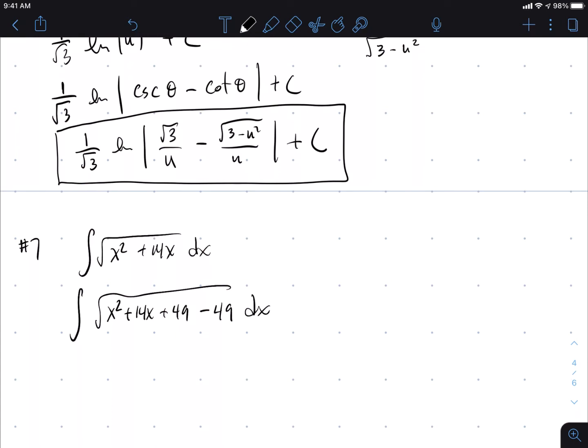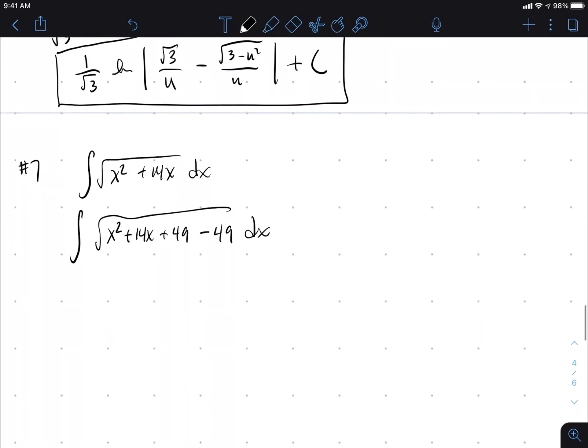What did I do? You completed the square. I completed the square. What that does for me is it allows me to go, okay, x plus 7 squared minus 7 squared is now in the form of the possibility of a trig substitution. Does that make sense?